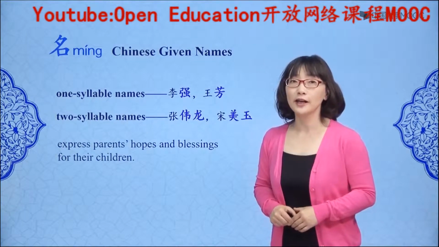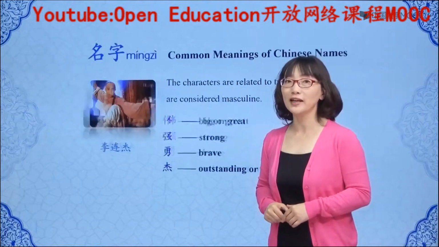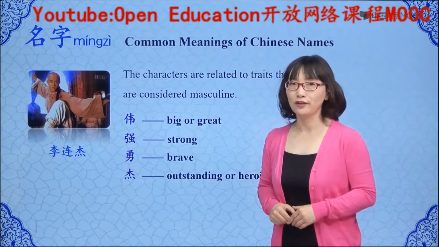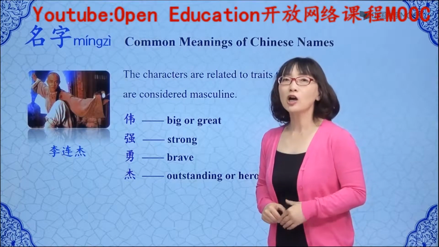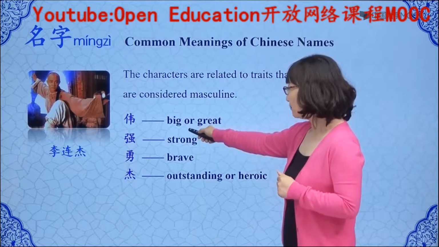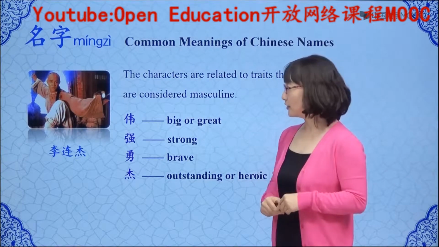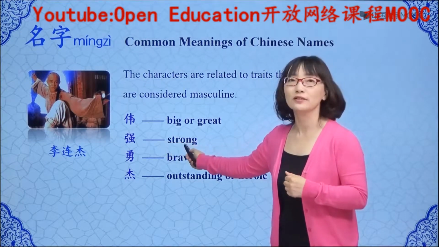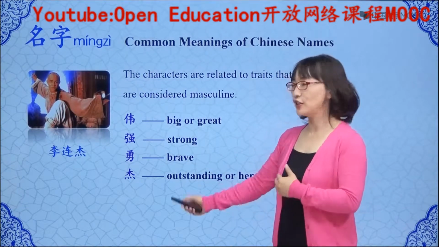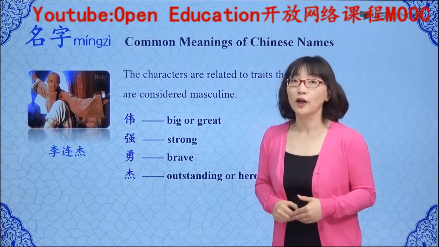The characters in male names are often related to characters that are considered masculine. Some common male names include Wei, which means big or great, Qiang, which means strong, Yong, which means brave, and Jie, which means outstanding or heroic.